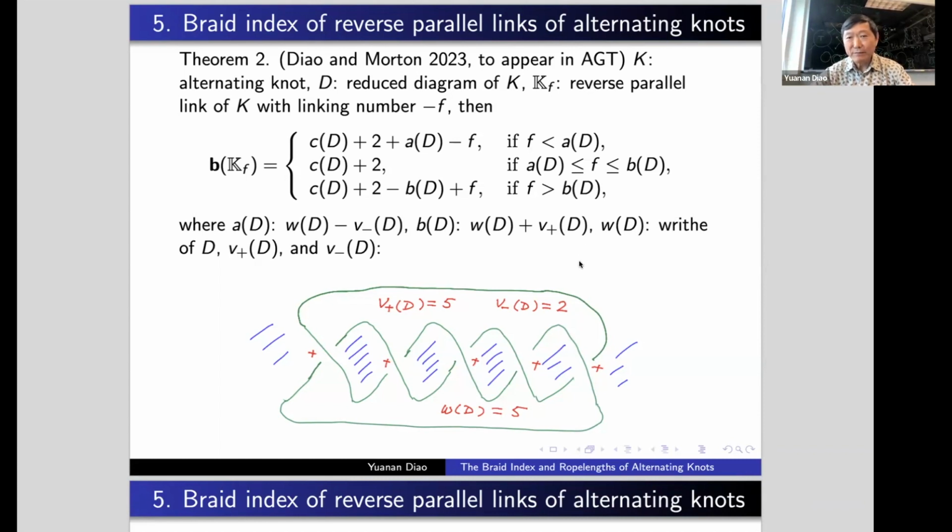Here is the formula. If you have an alternating knot K, you can always start from a reduced alternating diagram of this K. Then from this reduced alternating diagram, you can actually calculate the Braid index of this reversed parallel link.